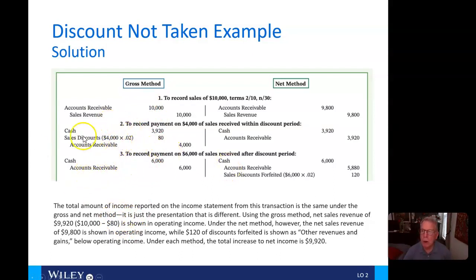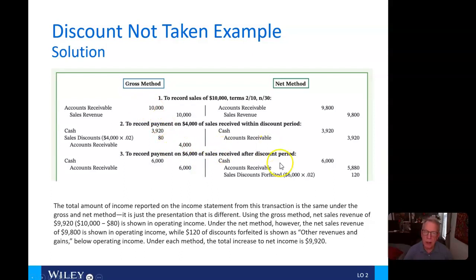In the first payment, we got cash of $3,920, and that was calculated by taking the 2% of the $4,000 that they did pay, which gave them an $80 sales discount as a debit. Then they owed a remaining $6,000, and so we debited cash for $6,000 and credited accounts receivable. You'll notice that accounts receivable is zeroed out in this case from this debit of $10,000.